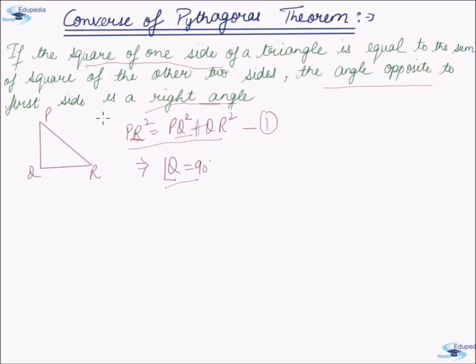So we are given the statement, and we need to prove that angle Q is 90 degrees. For the proof, first we need some construction.